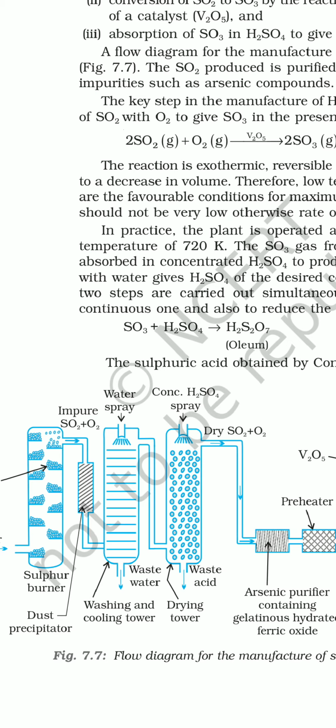The gases, sulfur dioxide and oxygen, rise up from the bottom of the tower. As they are moving up, water is being sprayed. The gases are washed and the heavier particles settle down. They are removed as waste water, and both the gases come down and enter the third tower, which is known as the drying tower.